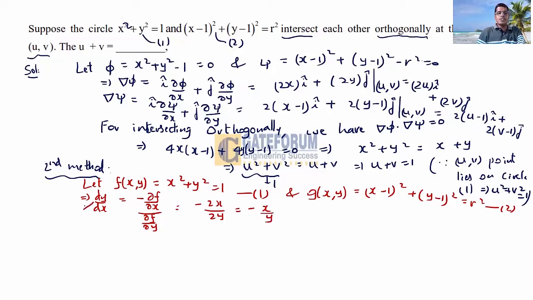So let us denote this slope m1, the slope of curve 1. That is the slope of the tangent to curve 1. And dy by dx, the slope of the tangent to the curve, that is to circle 2, usually denoted by m2, is also from the partial derivatives.